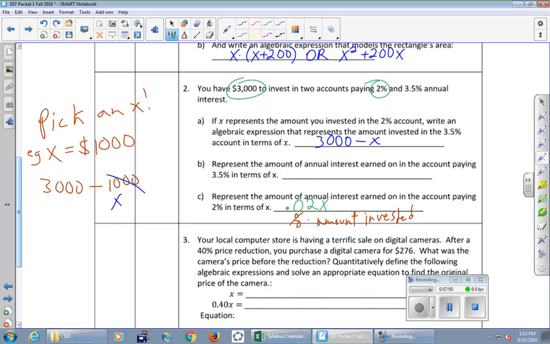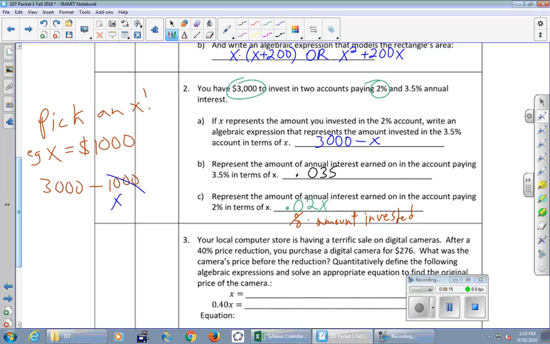Part D says how much interest did you earn in the 3.5% account? It's the same idea. It's still going to be the same formula in orange here. It's the percent times the amount invested. Let's write it. What is the percent for this account? 3.5, so we got to change that to 0.035 multiplied by, in English, the amount invested.